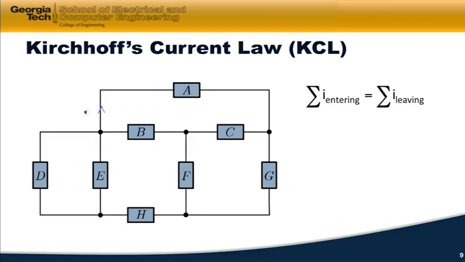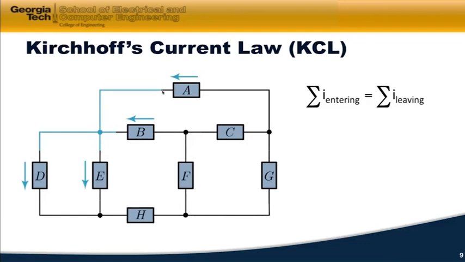Call this I sub A, this I sub B, I sub E, and I sub D. If I do KCL at this node, I sum up everything entering, I sub B plus I sub D, which is equal to the sum of what's leaving, I sub A plus I sub E. And that's true for any node. I've got a node over here, and a node over here. It's true at every node.